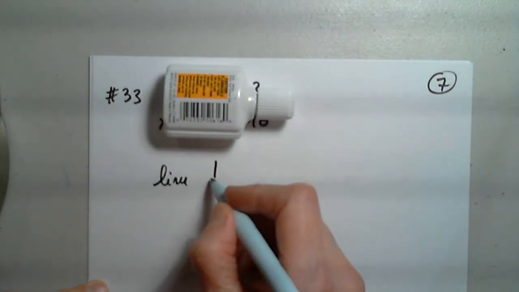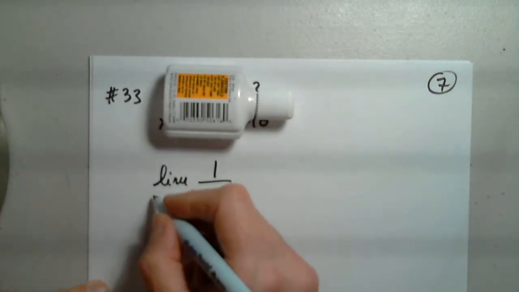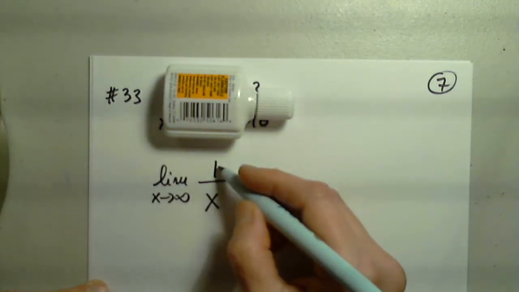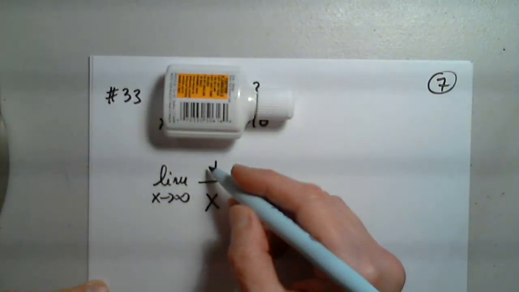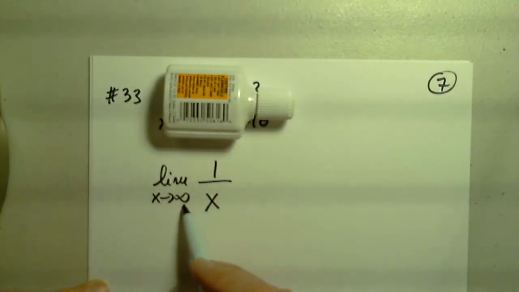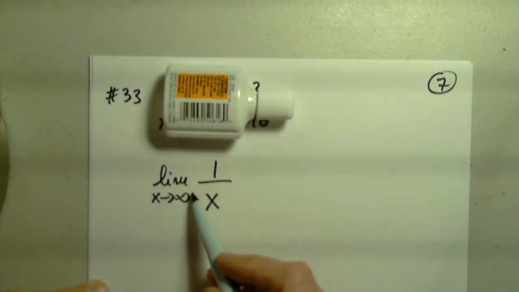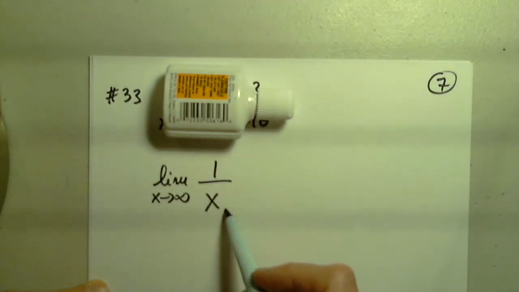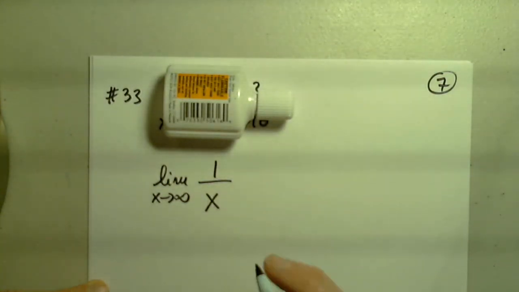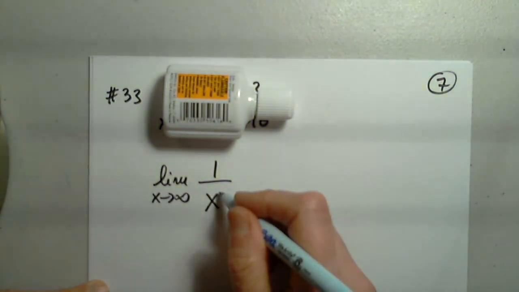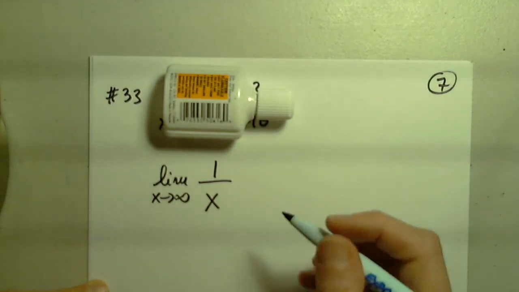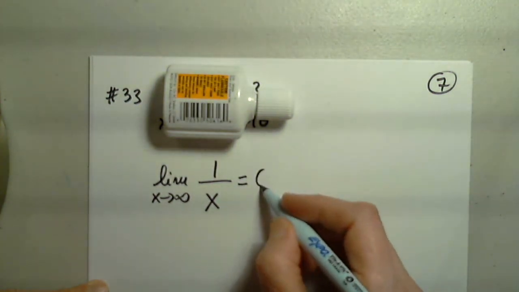Limit of 1 over x when x approaches infinity. So I have $1, and the number of people I want to share the dollar with goes to infinity. So 1 over infinity. I have $1 and I want to divide by 7 billion people. When I get to your door, how much will you get from that dollar? Kimmy? 0. Absolutely 0.